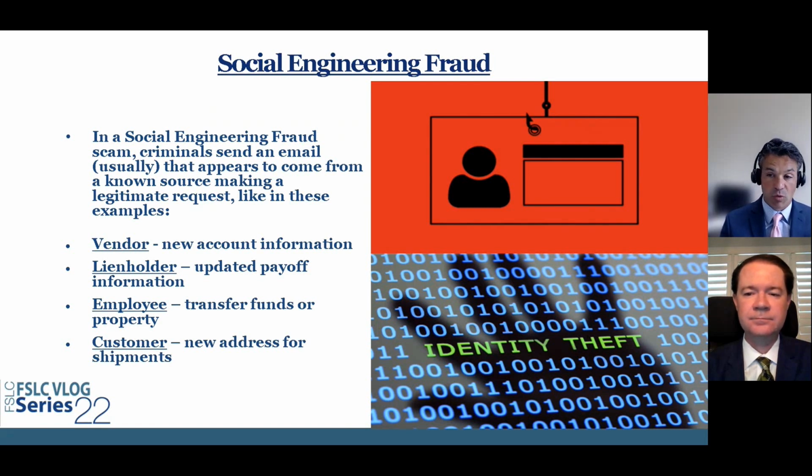It can come in other forms as well. It can be a client of the insured, or there's other language that's similar in various policies. But in my experience, the most prevalent versions of these are where you have an employee being impersonated or a vendor being impersonated.